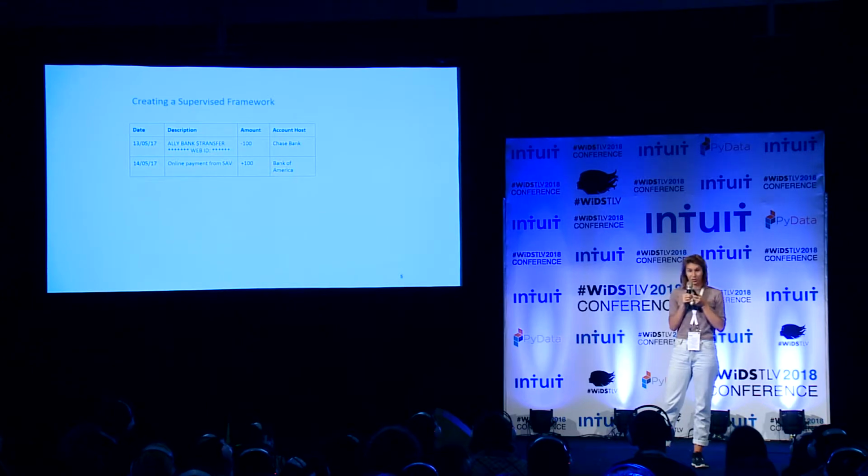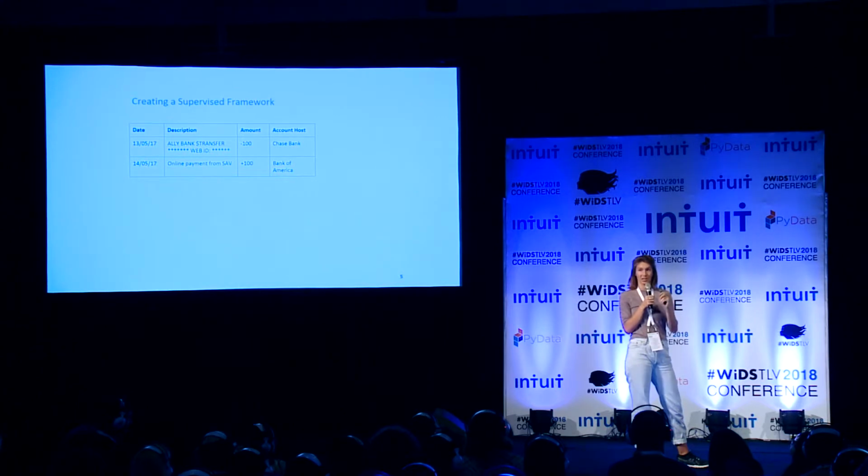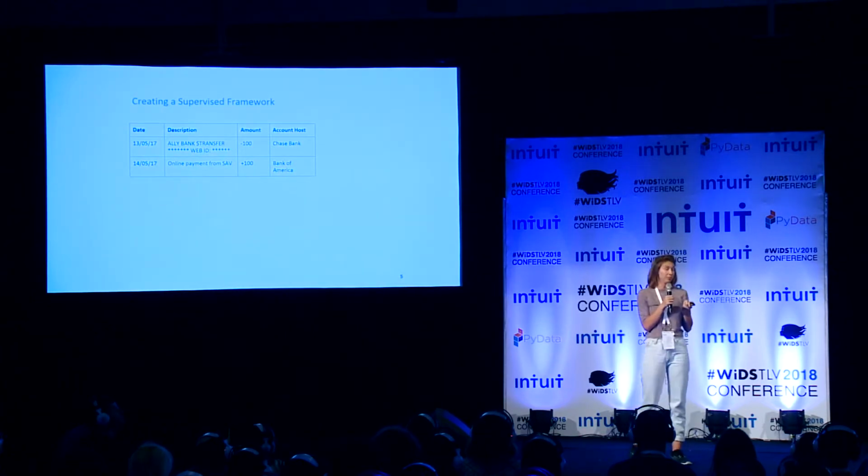So how can we do that? How can we figure out which bank hosts those missing accounts? What we understood was that the pairs I mentioned before, which we detected within the Mint data, were actually a good base for constructing a supervised framework for solving this problem.